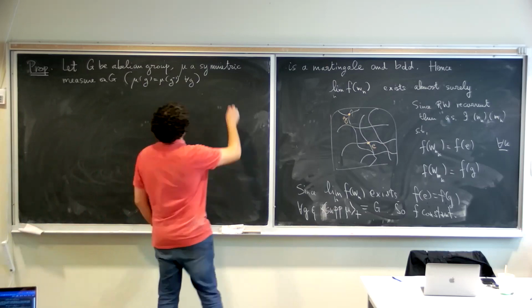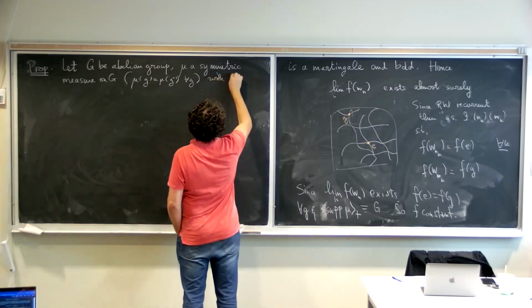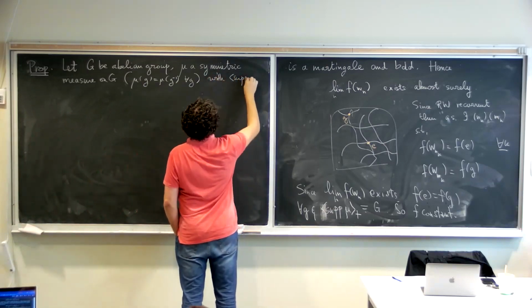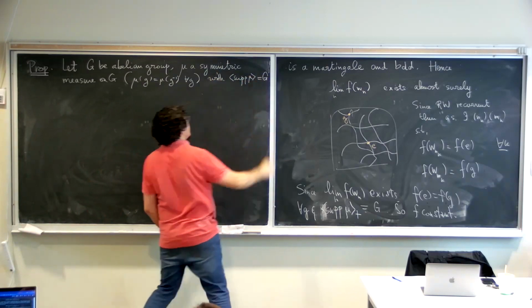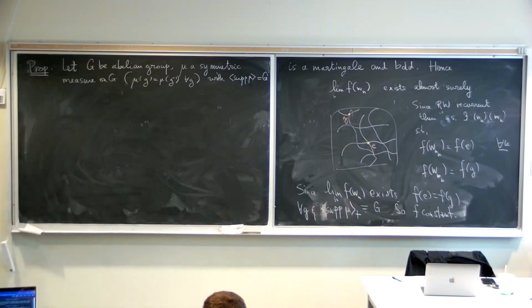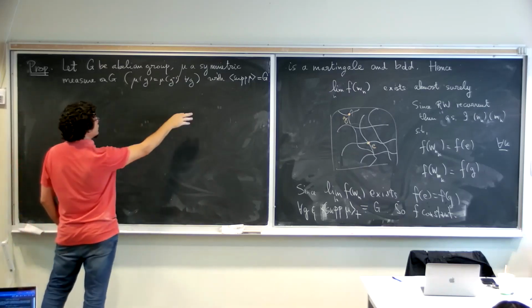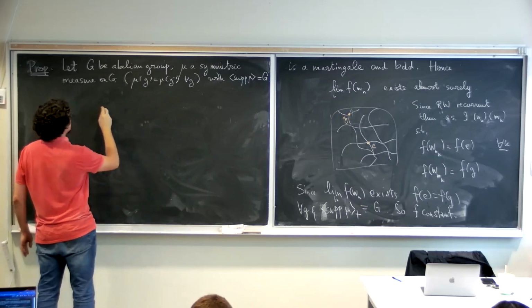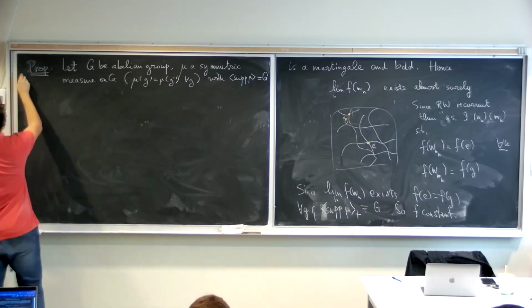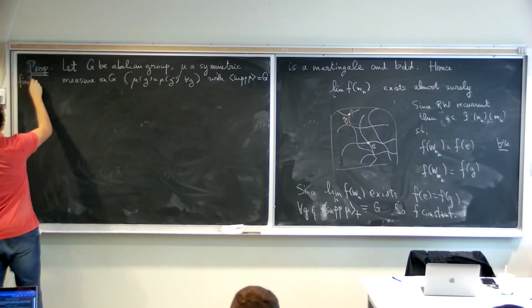And again, with the support generated by mu. In this case, since it's symmetric, the support for the group and the semigroup are the same. And for this proof to work, at least in a simple case, we need finite support. So let mu be symmetric, finitely supported.